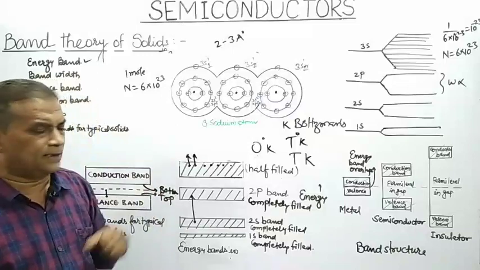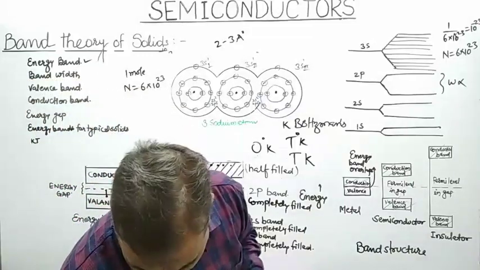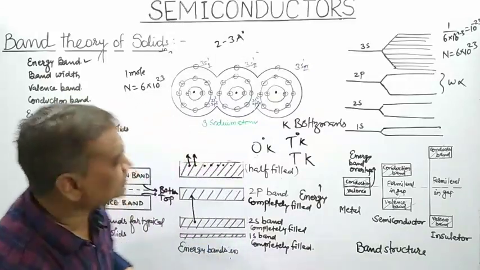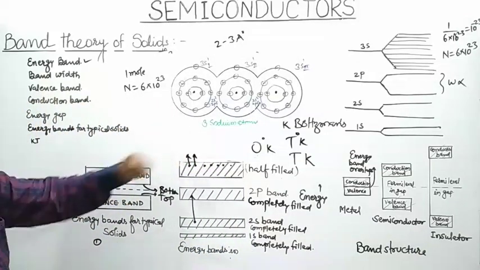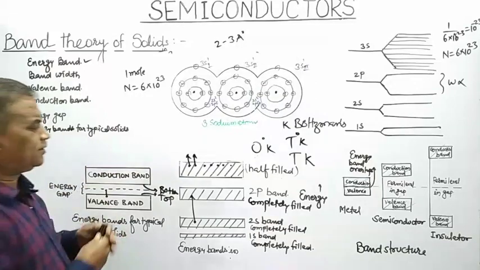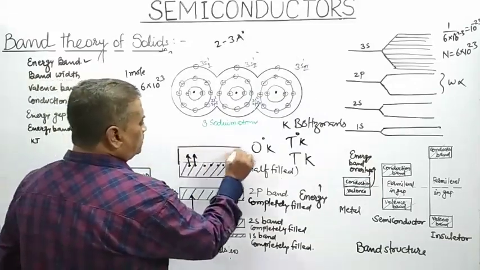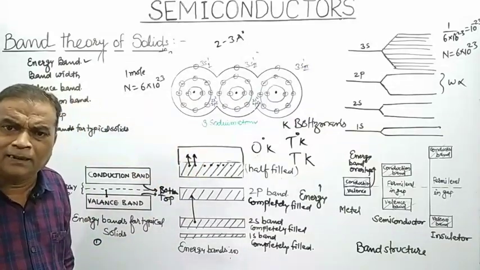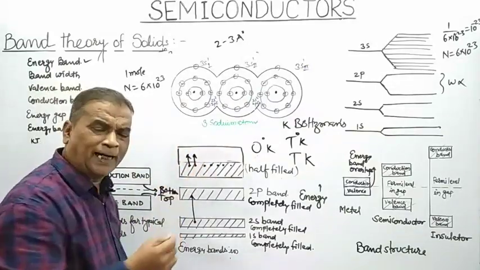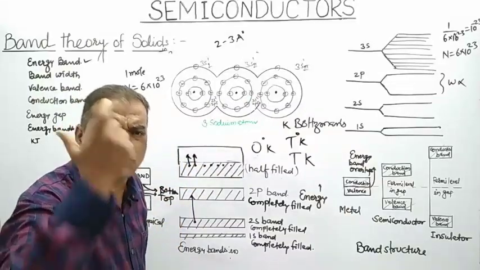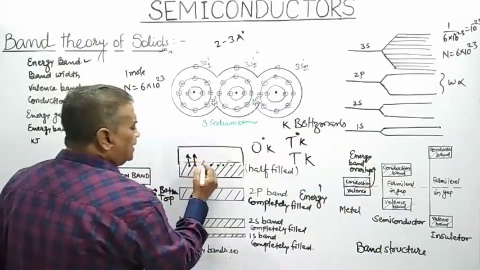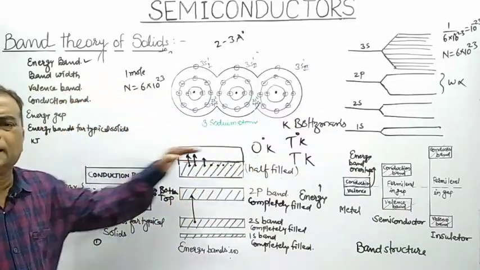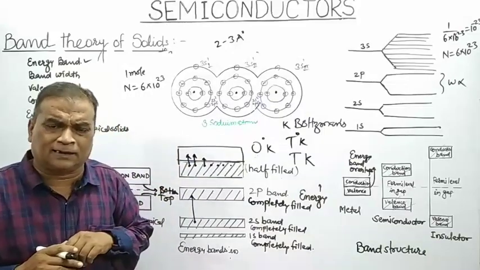Remember that as far as sodium is concerned, the valence band here is the 3s band. If the electrons in the 3s band receive even a very small amount of thermal energy, they can raise their energy level and enter into the conduction band.